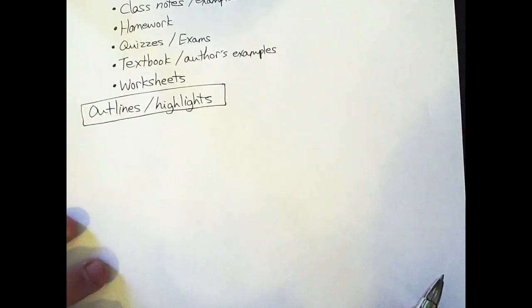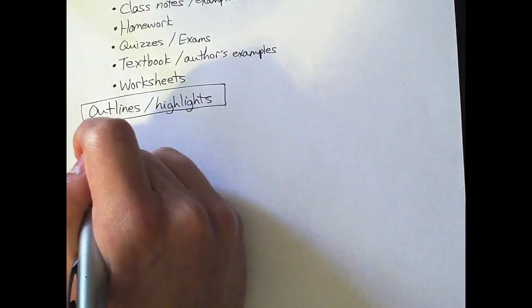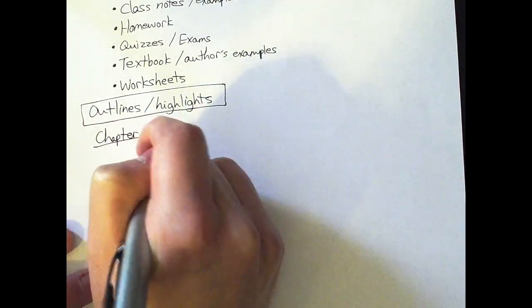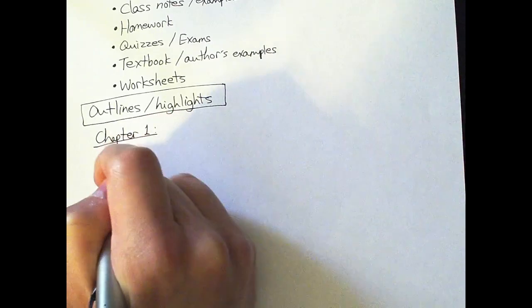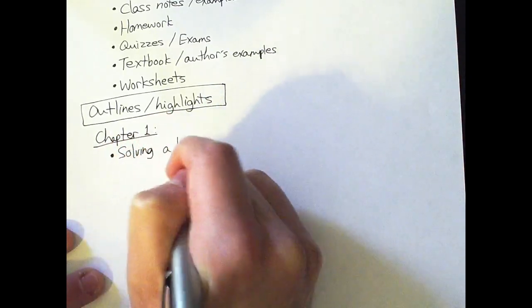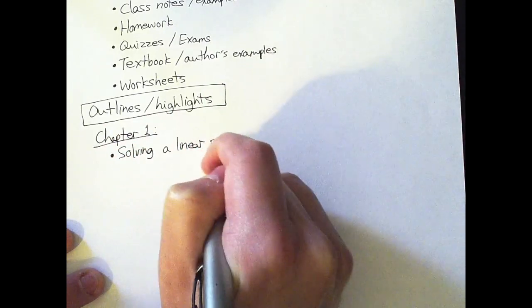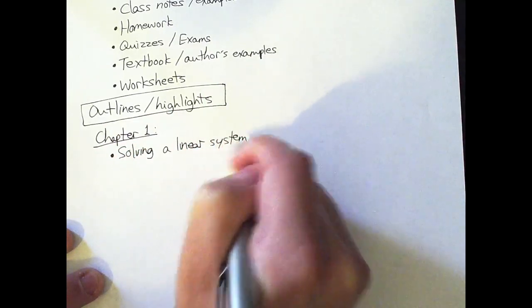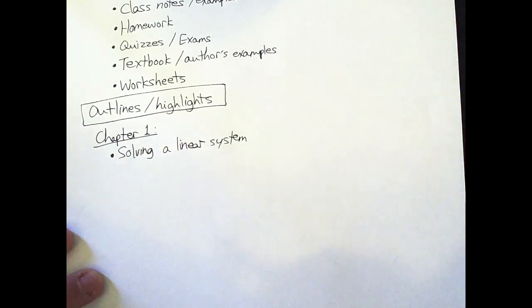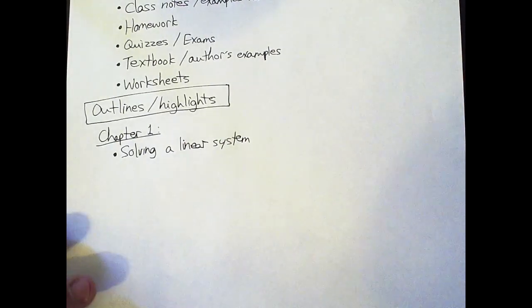All right, so we started the semester looking at chapter 1, and it began with solving a linear system. In a way, that was our motivation that got this whole course started. Everything started with us trying to solve linear systems, maybe find where two lines intersect.